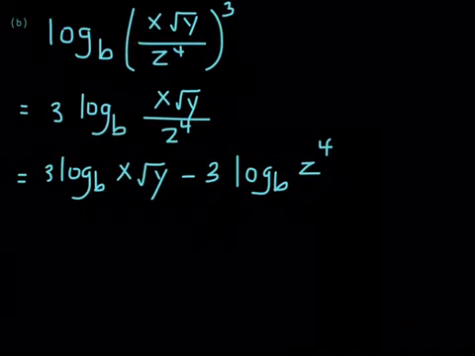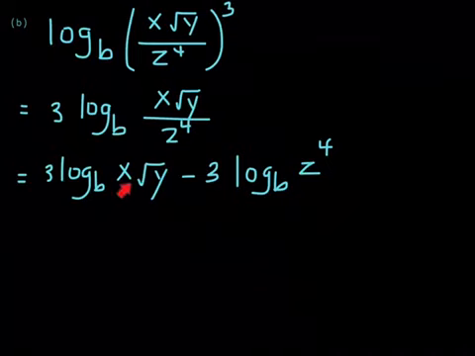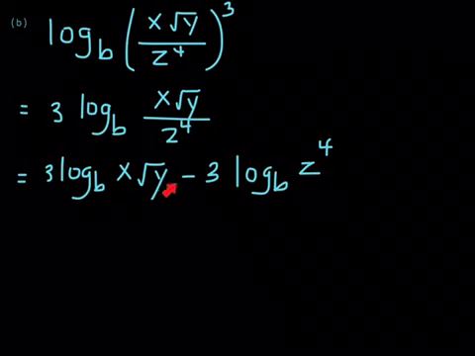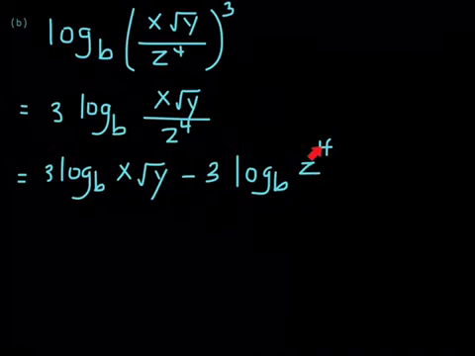Okay? All right, now, for this first one, I'm going to use the product rule here because this is a product, x times the square root of y. So I'm going to split this up into a sum of logs. For this guy, the only thing I'm going to do is bring this 4 down to the front here. Now, it'll look like this.